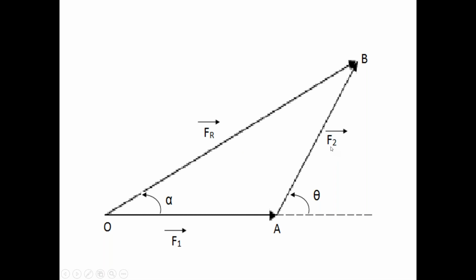So F2 square is equal to F1 square plus FR square minus 2 into F1 into FR into cos alpha. You can apply the cosine rule in this force triangle. This is the triangle law of forces to find out the resultant force of two concurrent forces F1 bar and F2 bar, that is FR bar.